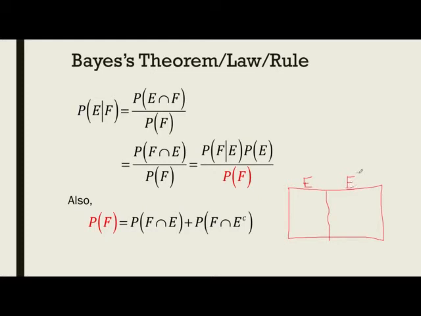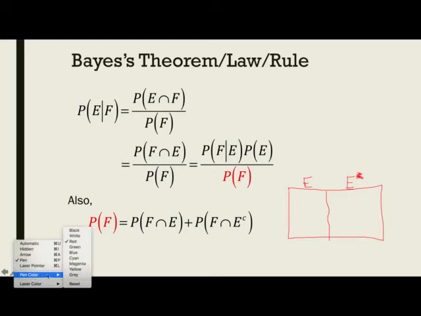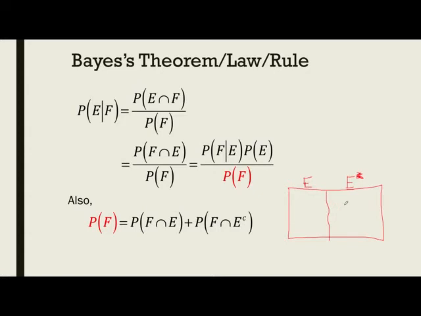Oops, sorry, that should have been E complement, not E squared. Silly me. All right, so not E. And let's do in blue, let's imagine that we've got this other event F in here.